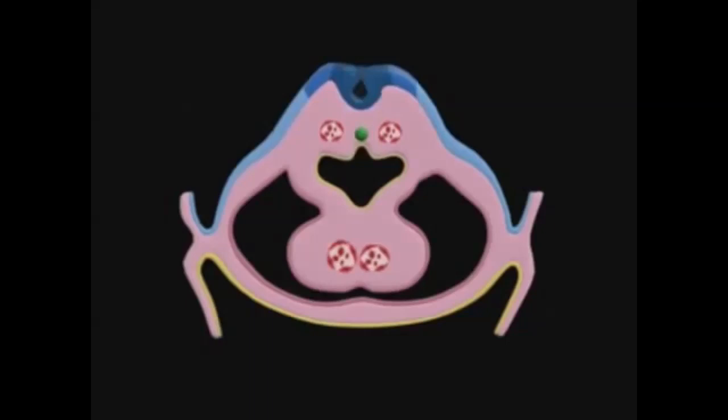And also we can see the secondary cavity of the organism, the pleuropericardial cavity. Or we can say that this is coelom. Coelom is the secondary cavity of the embryo.